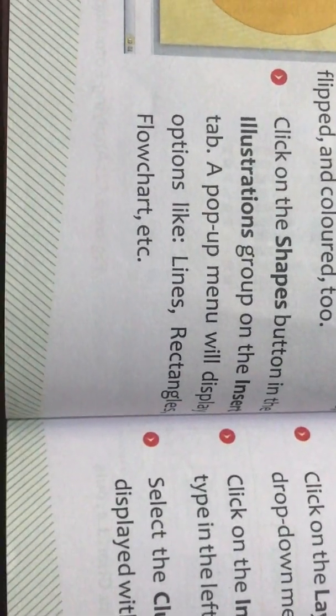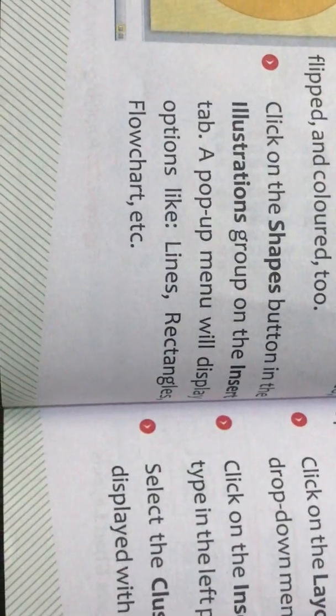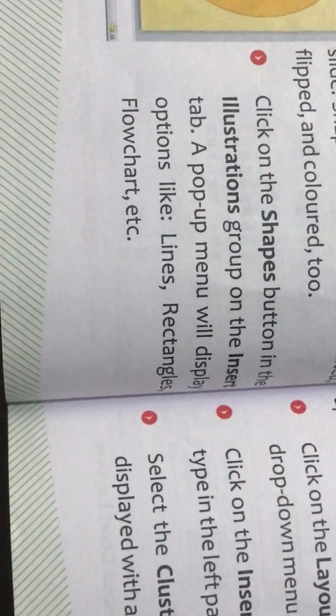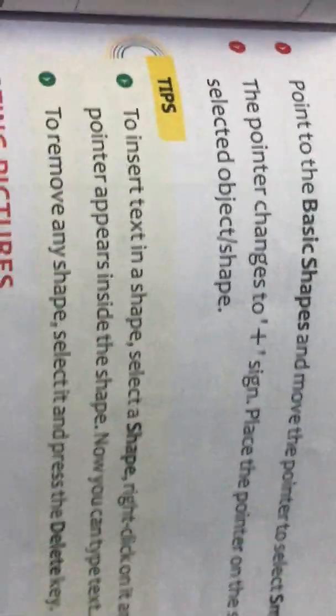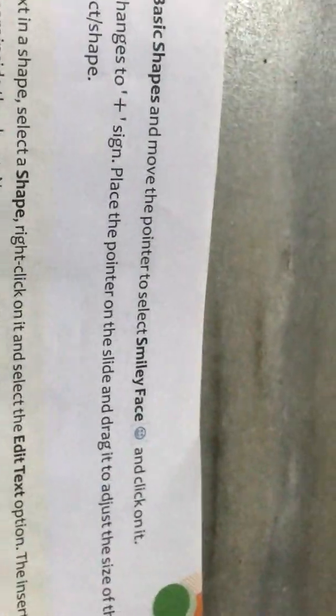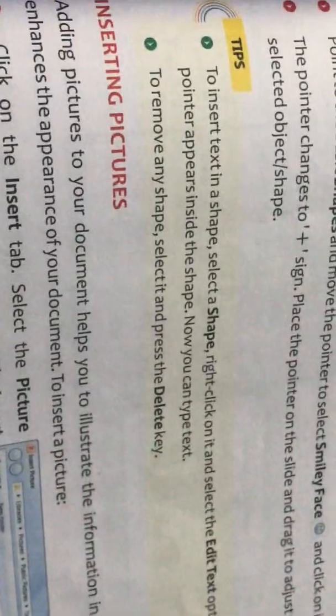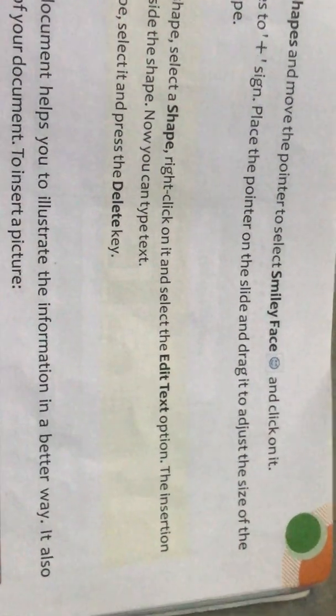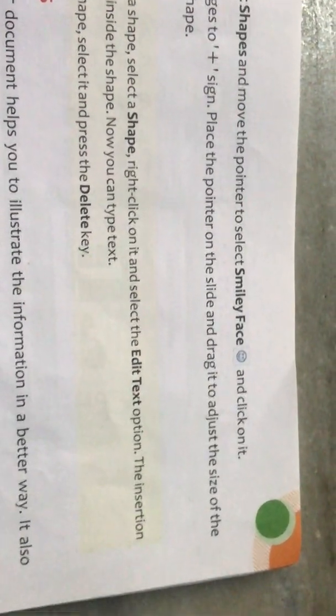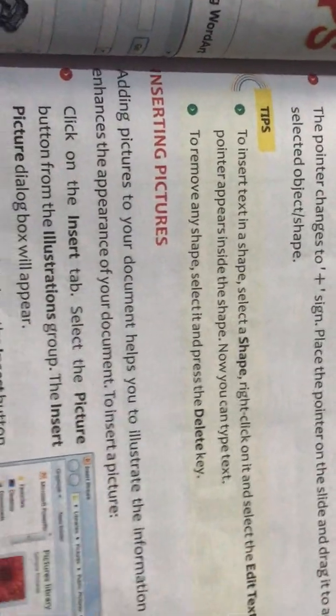A pop-up menu will display options like lines, rectangles, flow chart, etc. Point to Basic Shapes, move the pointer to select the smiley face and click on it. The pointer changes to a plus sign. Place the pointer on the slide and drag it to adjust the size of the selected shape.